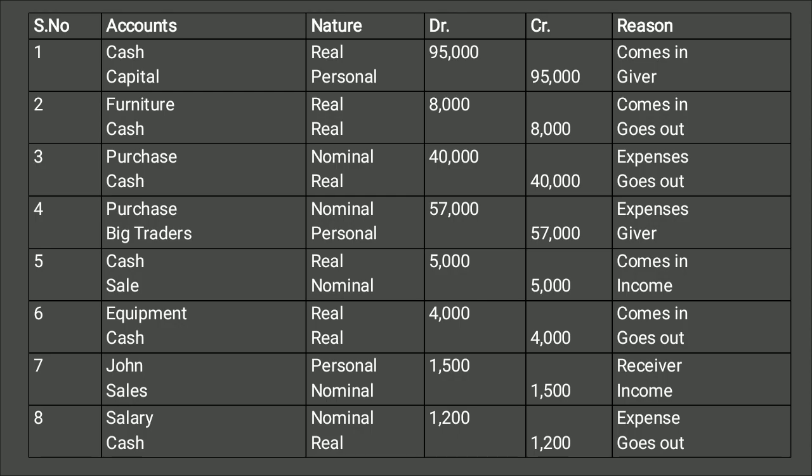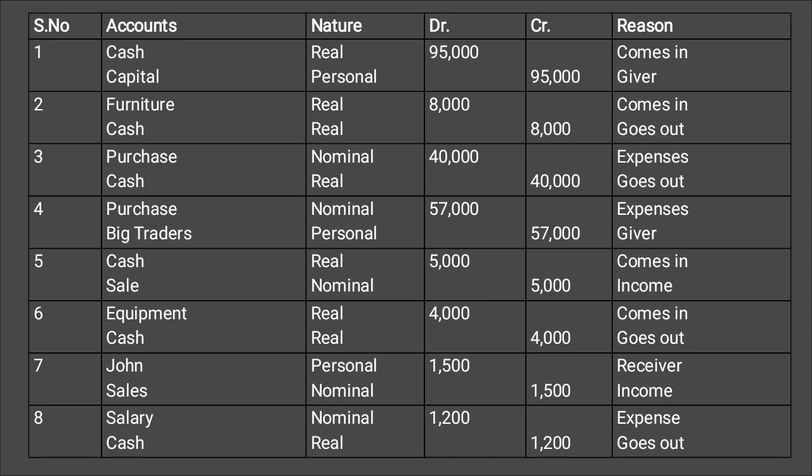Okay. The next transaction number 7, we have sold goods to John on credit. So two accounts are going to be affected. First is John and second one is sales. John is the name of a person account, and that is a person who is the creation of God. So that's why John is a natural personal account. And what is the rule for personal account?